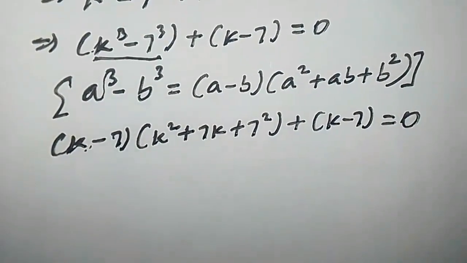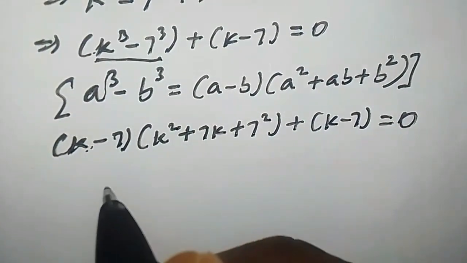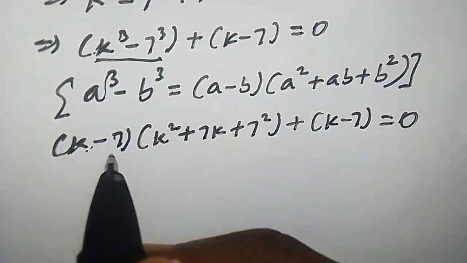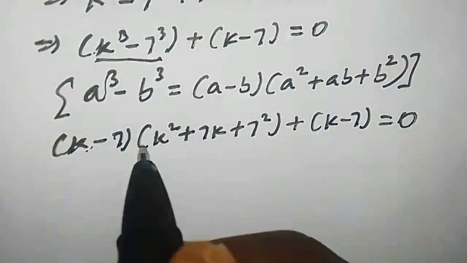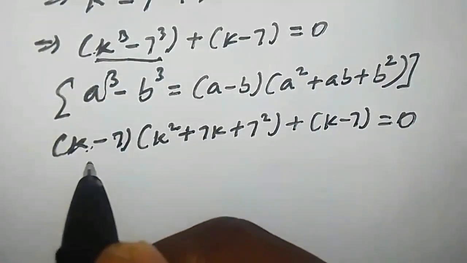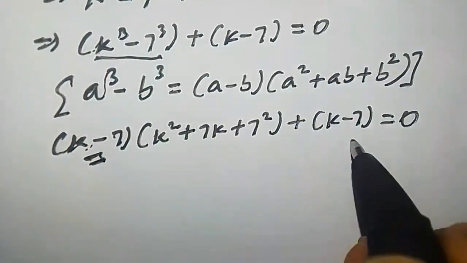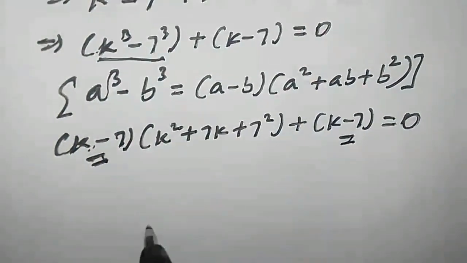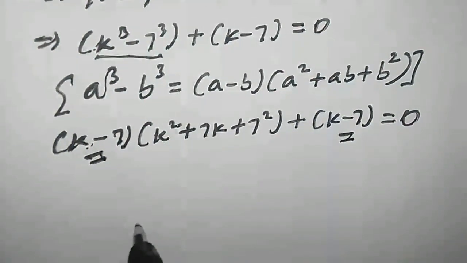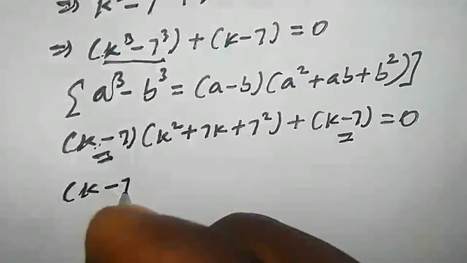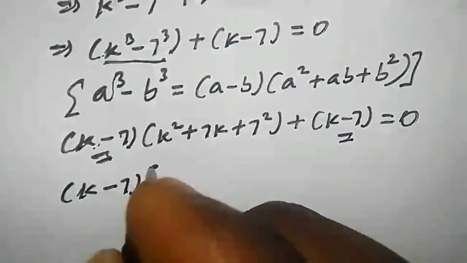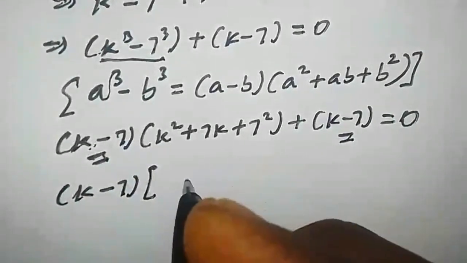Let's proceed further. You will notice that something is very common on this line. What is that? K minus 7 is common. We can factor it out. So we have K minus 7 into this.